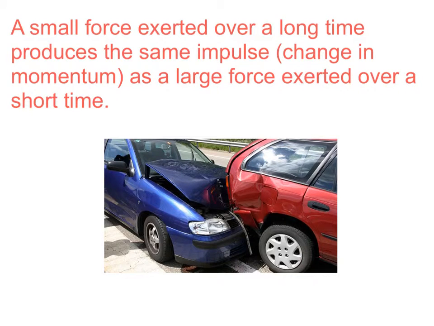Something to keep in mind is that a small force that's exerted over a long period of time is going to produce the same change in momentum or impulse as a large force exerted over a short period of time. So remember, we talked about this before. If we can extend the amount of time it takes for the force to act, that's going to be a safer situation.